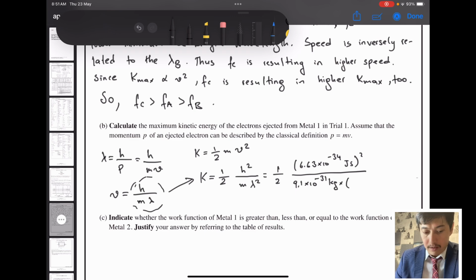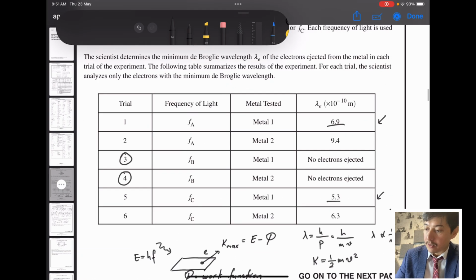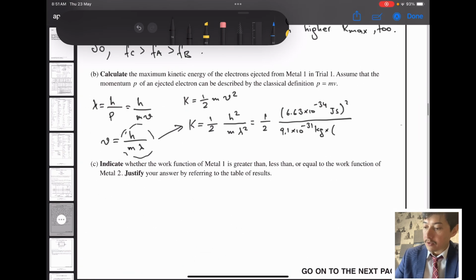Now, from the table, we can see in trial one, the wavelength is given as 6.9 times 10 to the power of negative 10. So 6.9 times 10 to the power of negative 10 meter, squared. Now, the rest is the calculator's job.